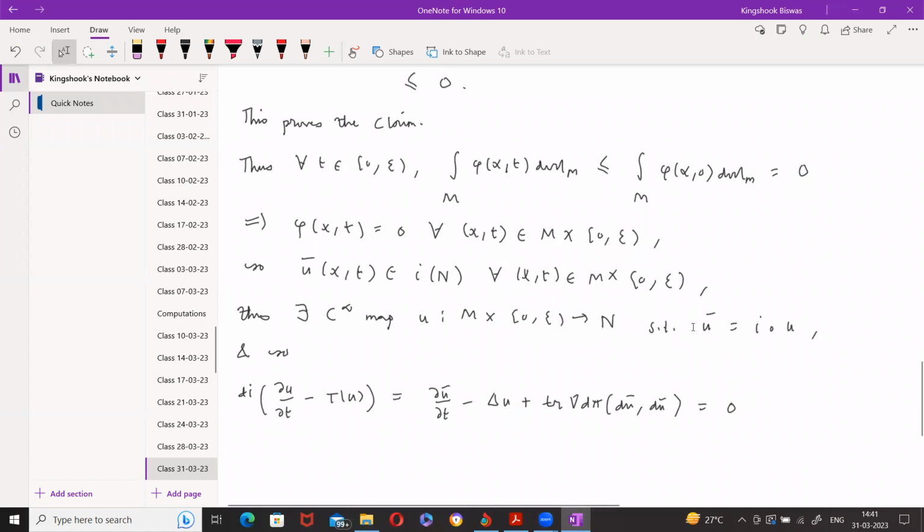If you differentiate this, what you'll get is, this is the calculation we did last time, d i of del u del t minus tau u is equal to del u bar del t minus Laplacian u plus trace of nabla d pi composed with du bar. And this is equal to 0 by hypothesis on u bar, right? Yes?